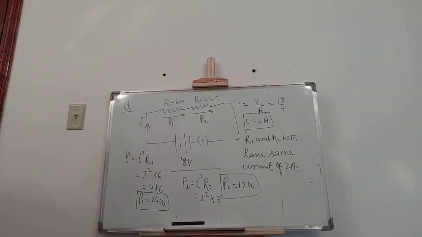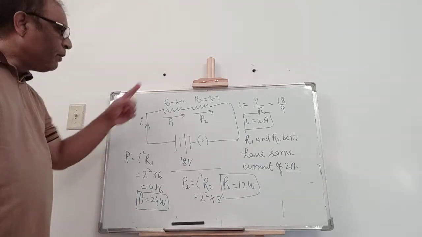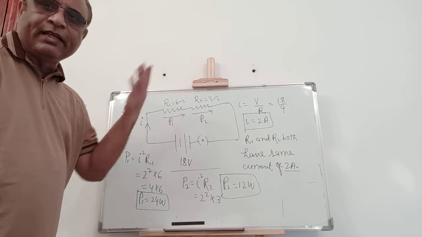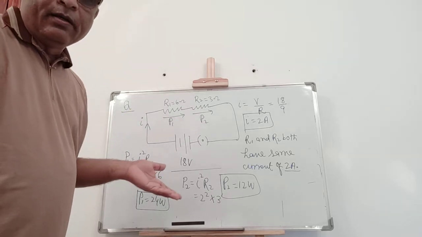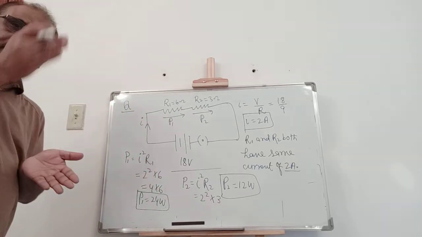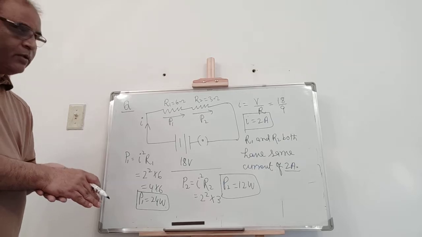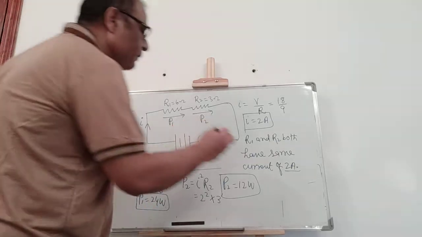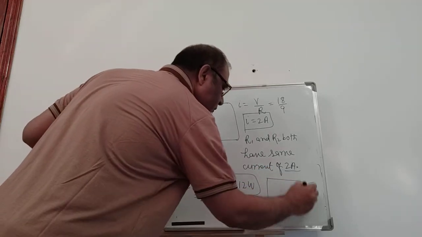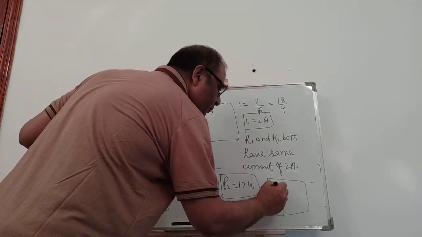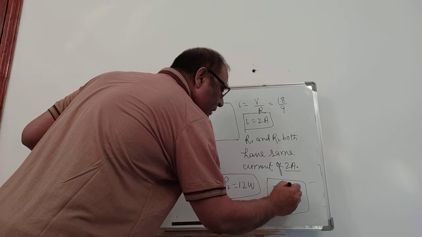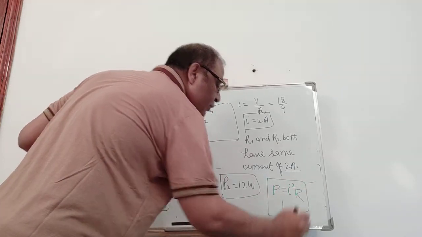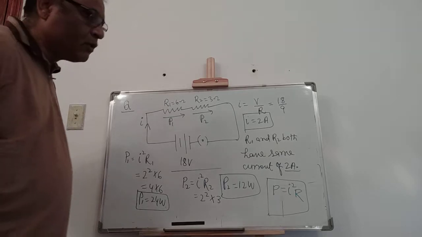Here we observe that more resistance, more power, when current is constant. In this formula, P equal to I square R, this formula is used when current is constant.